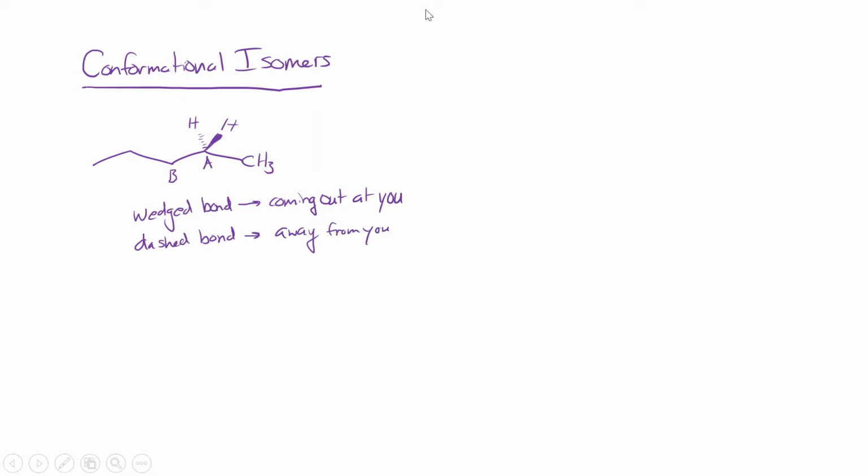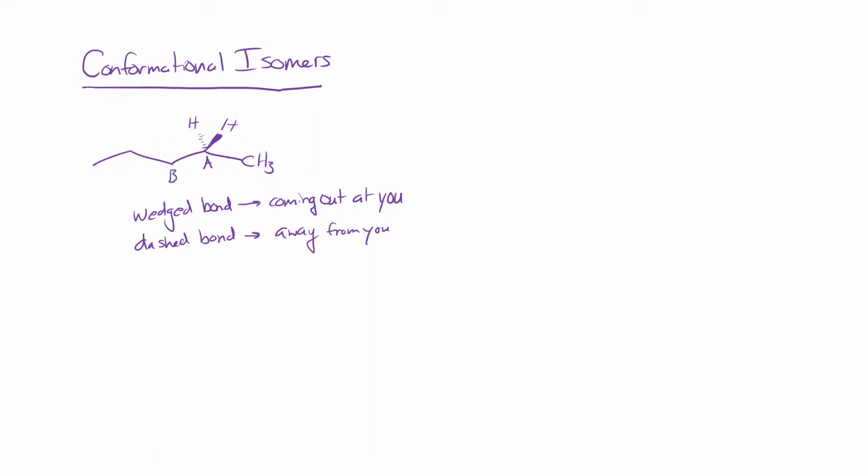This is something students always get confused about, because the way we draw them, we have the wedge going a little bit to the right and the dash going a little bit to the left. What if we switch those? It doesn't actually matter. In an organic molecule, where the carbons go kind of up and then down, the hydrogens are pointed pretty much directly, one right at you and one right behind you.